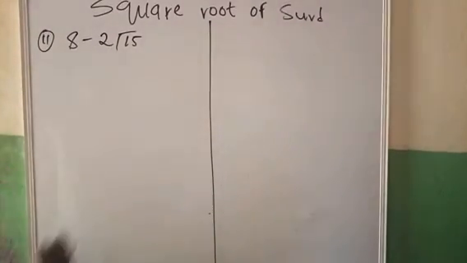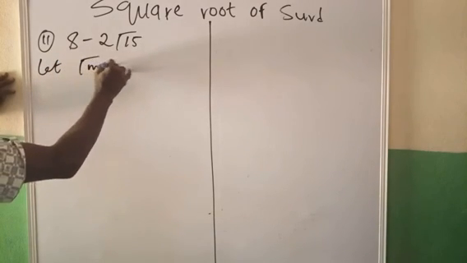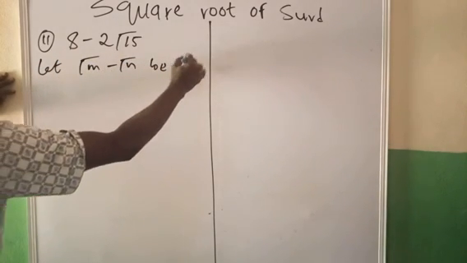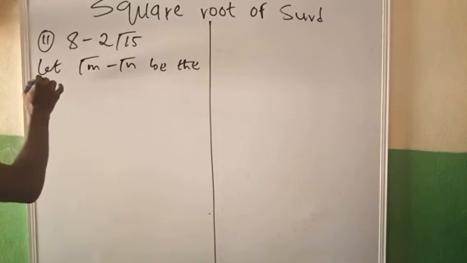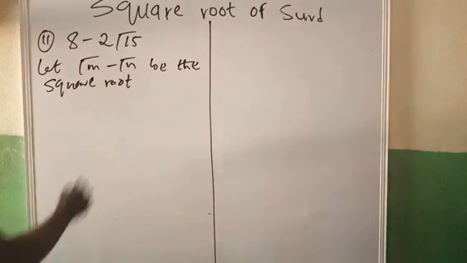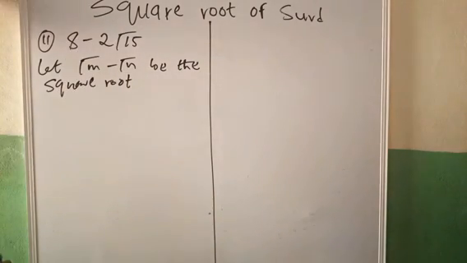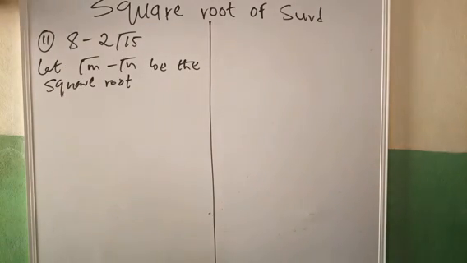So, the second question is 8 minus 2 root 15. We want to determine the square root. The same way, let root m minus root n be the square root. You may want to ask, why is it not plus? No, there's minus here, that is why it becomes root m minus root n.